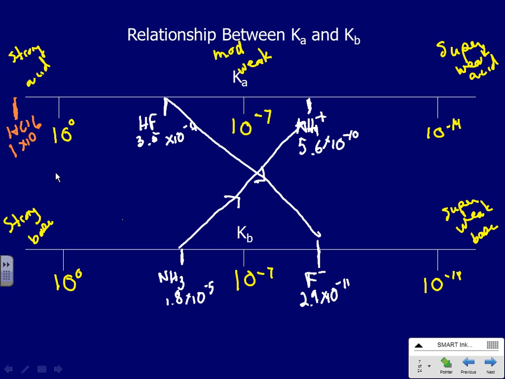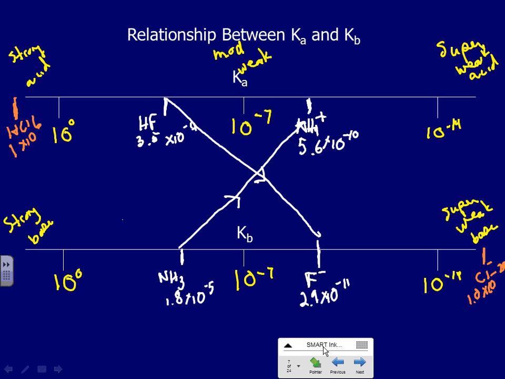Super strong. All the H's are falling off, right? Where is its conjugate base going to be? What is the conjugate base of HCl? So I've got here Cl minus, 1.0 times 10 to the negative 20.